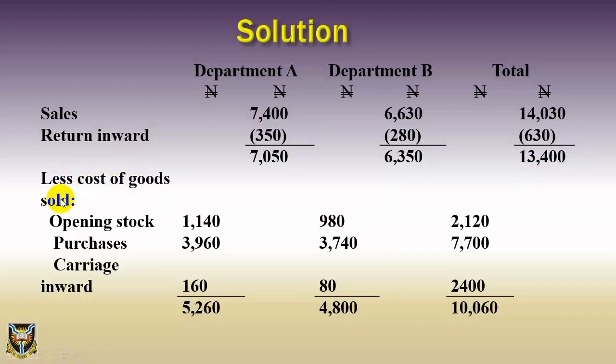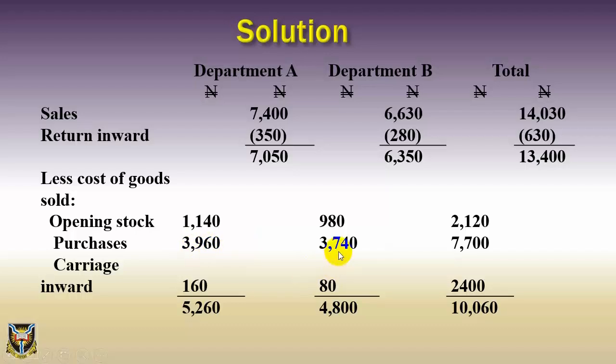Less cost of goods sold. Opening stock, Department A, 1,140. Department B, 980. Total, 2,120. Purchases, Department A, 3,960.